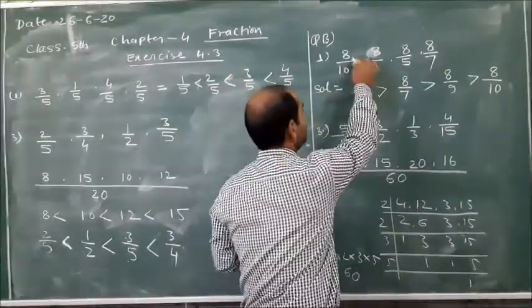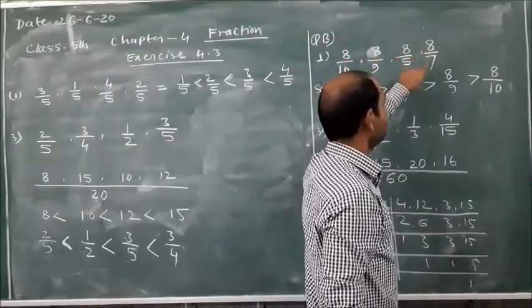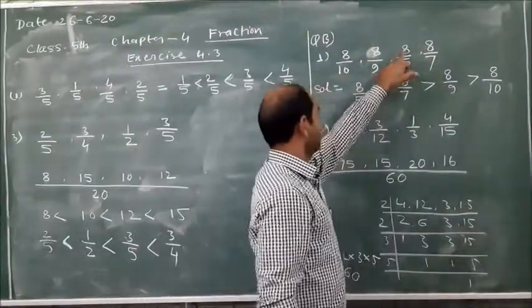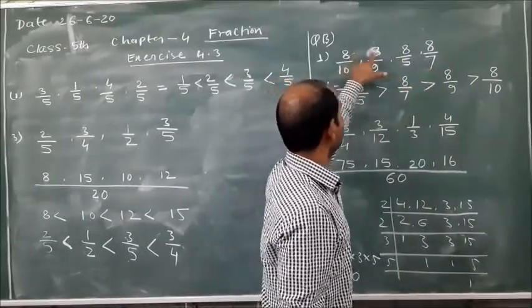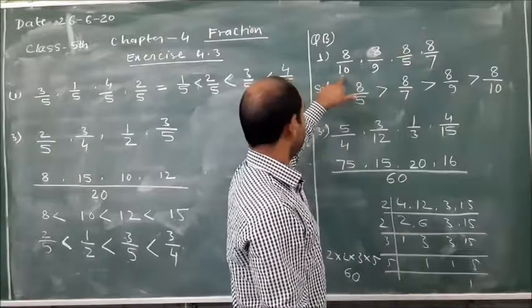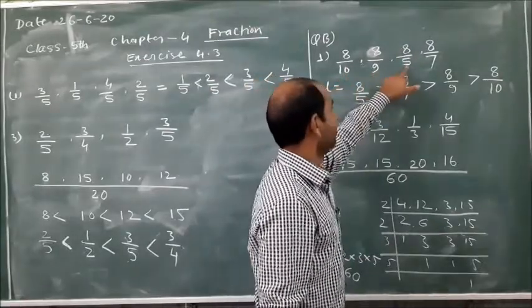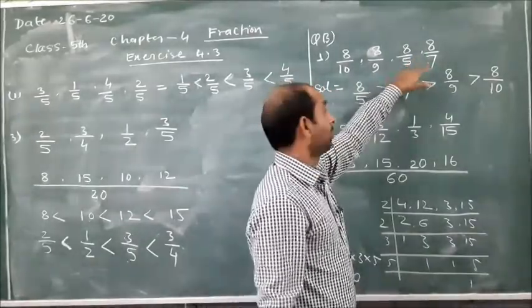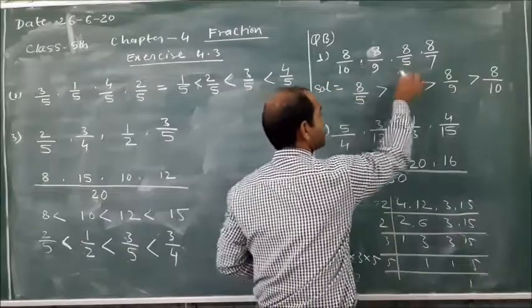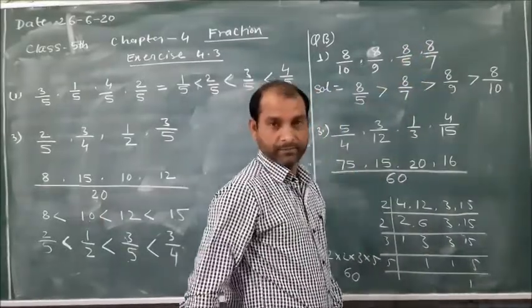Here 8 upon 10, 8 upon 9, 8 upon 5, 8 upon 7. See all the denominators, because here the numerator is equal. The denominators are 10, 9, 5 and 7. So 5 is the smallest denominator, so 8 upon 5 is the greater fraction.